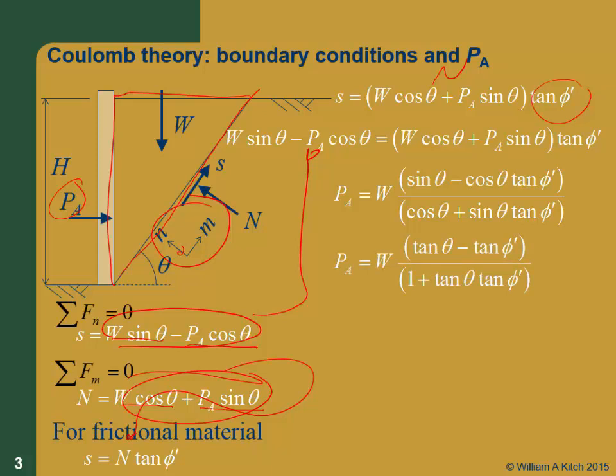I can rearrange that, factor out, get rid of the cosines and sines and turn everything into tangents by doing a little geometry manipulation on this, and end up that PA is equal to W times tan theta minus tan phi prime over 1 plus tan phi tan theta.